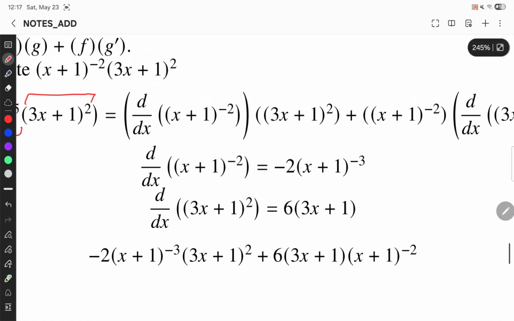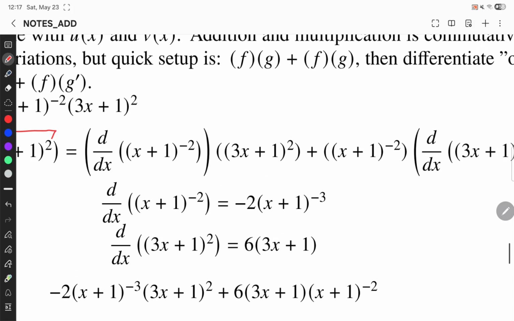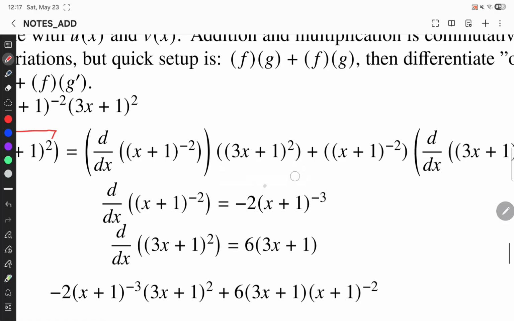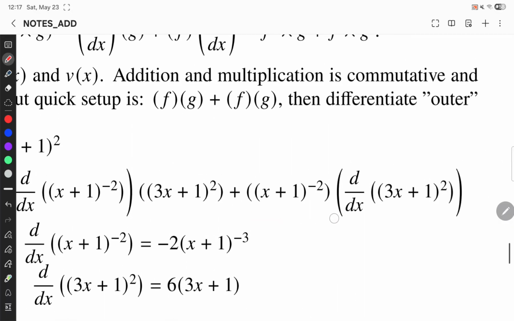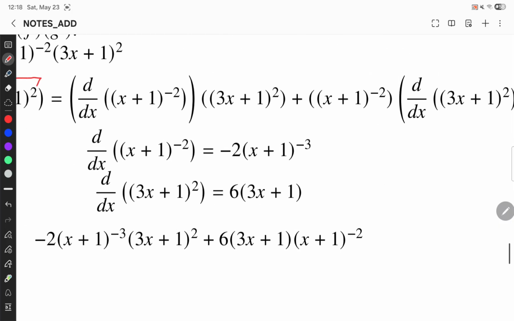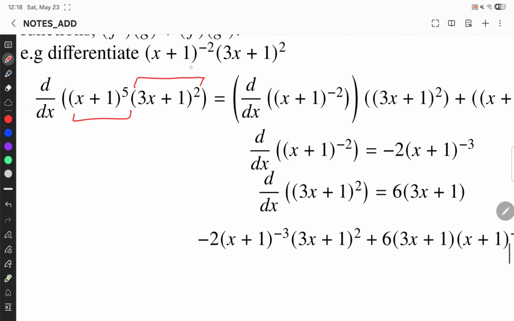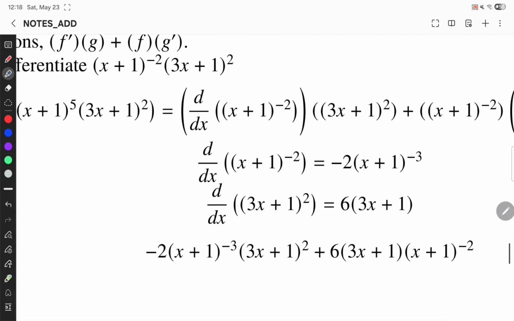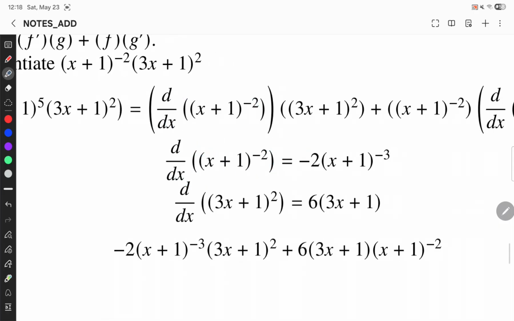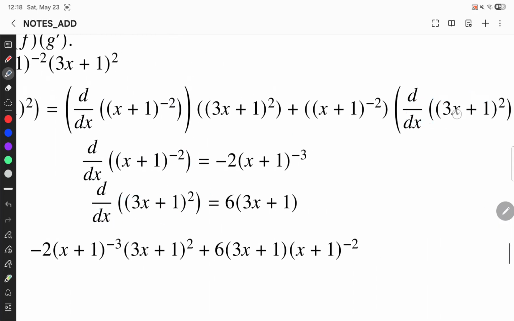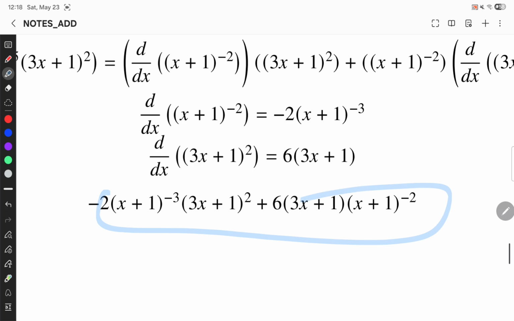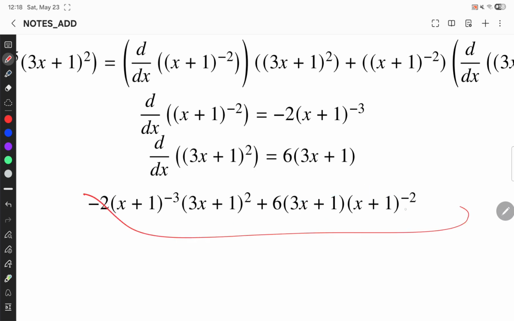But yeah, this is the first function's derivative times the second function, plus the first function times the derivative of the second function. Doing all our work, here I differentiated this bit and then this bit, and I multiplied it all together to get this junk, this weird abomination.